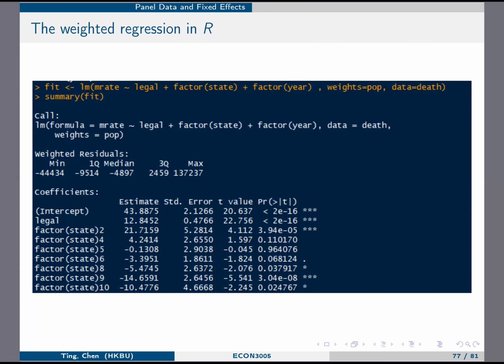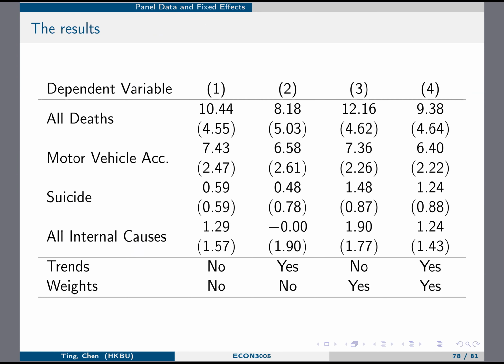Now we also talk about how to weight the regression to get more reasonable estimates, but we haven't introduced the concept of weighted regression yet. We will introduce it in the next class.